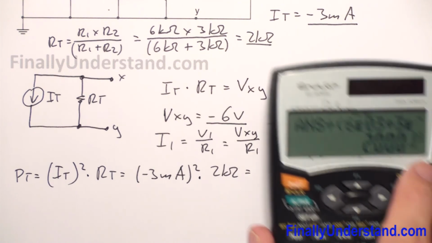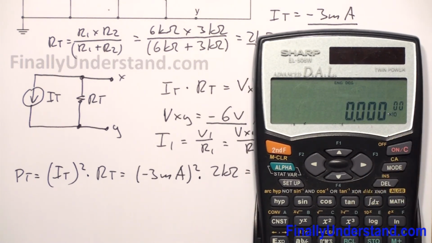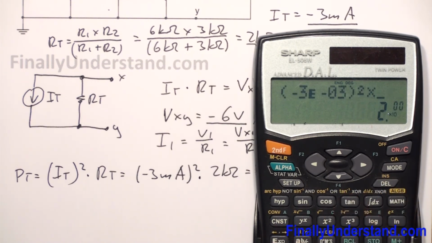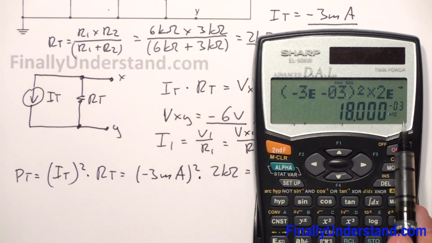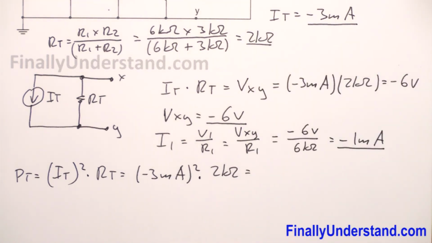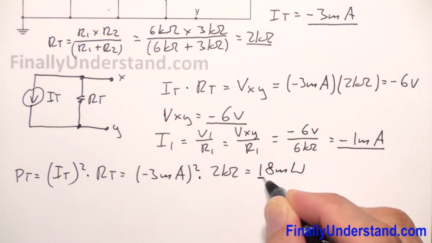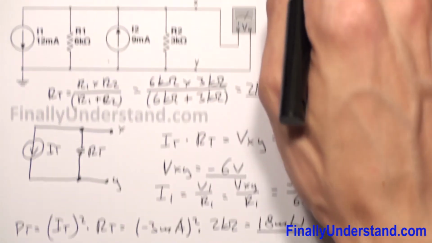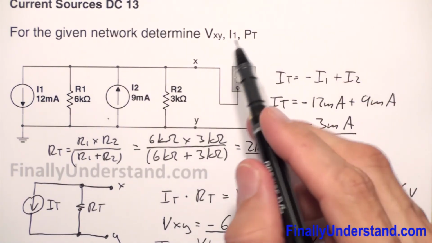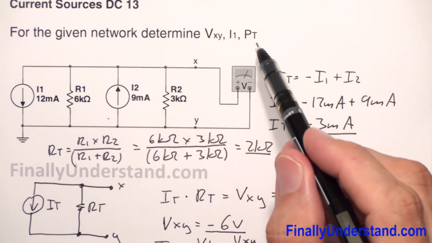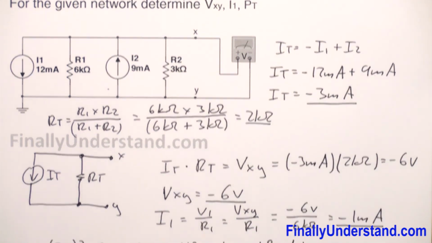So I have negative 3 exponent 3, to the second power, times 2 exponent 3, equals 18 milliwatts. So we found the voltage Vxy, we found the current I1, and we found P total. We can say that the problem is solved.